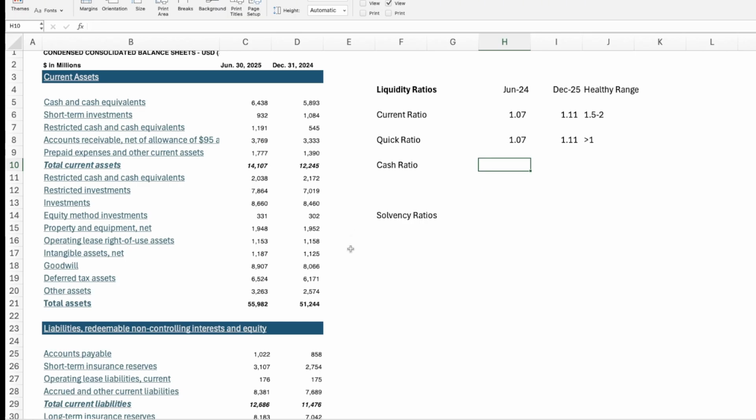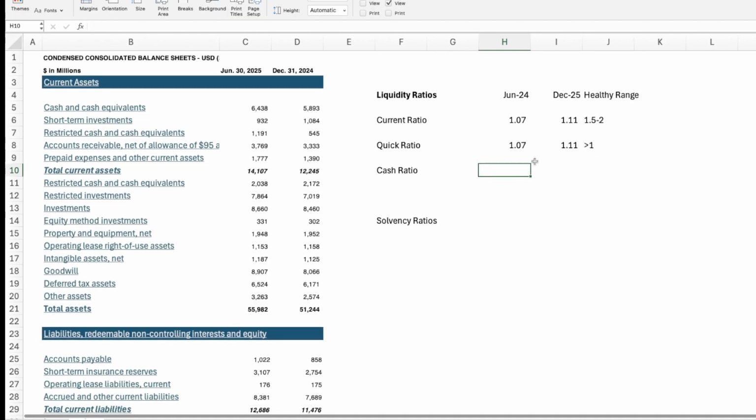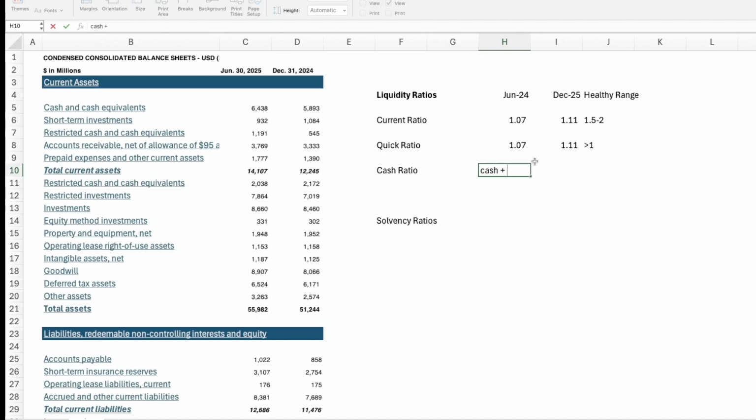For the cash ratio, this is going to be the cash and cash equivalents, plus short-term investments and any of the restricted ones, divided by your total current liabilities.